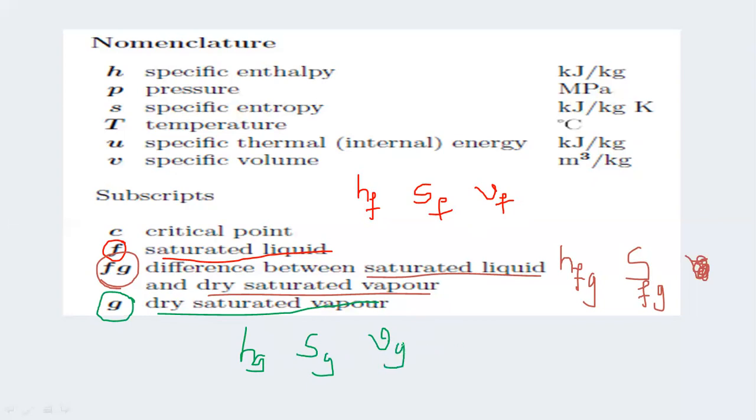So always remember, if the properties have the subscript f, they are in the fluid phase. If we have the subscript fg, they are from the transformation from the fluid phase to the vapor phase. And if it is g, then it is the dry saturated vapor condition.